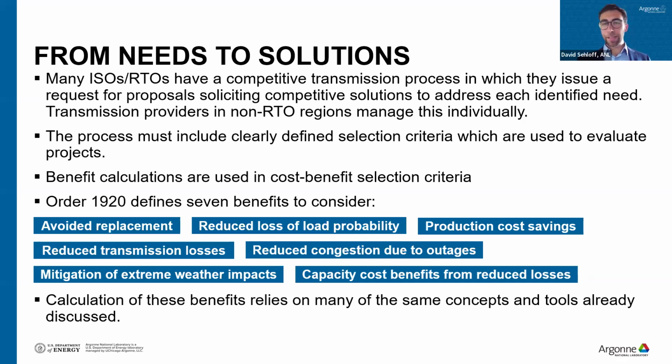So cost-benefit selection requires the calculation of what those benefits look like. And Order 1920 specifically defines seven benefits.